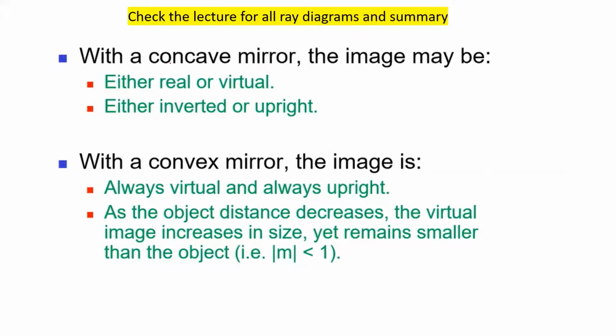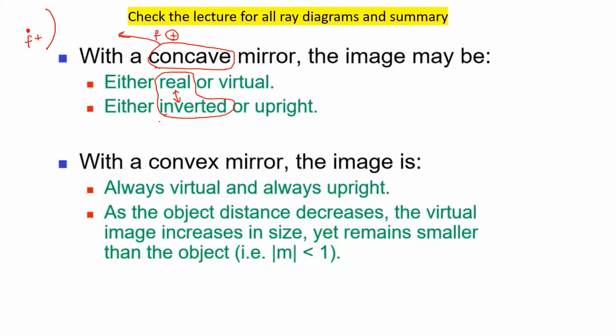So for a concave mirror, you remember in a concave mirror, what was your F? Concave is like a cave, right? So F is positive. The images can be real or inverted. So these two things come together.